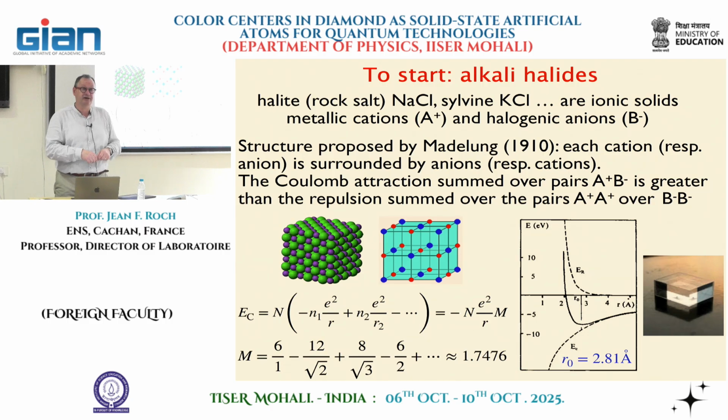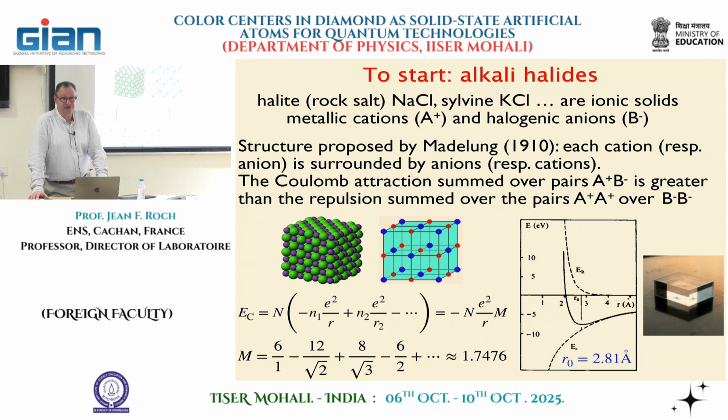The halogen atoms will take the electron from the metallic atom, and we will have, for instance, Cl-, and then there is the ionic bonding between Na+ and Cl-. And the structure is well known.